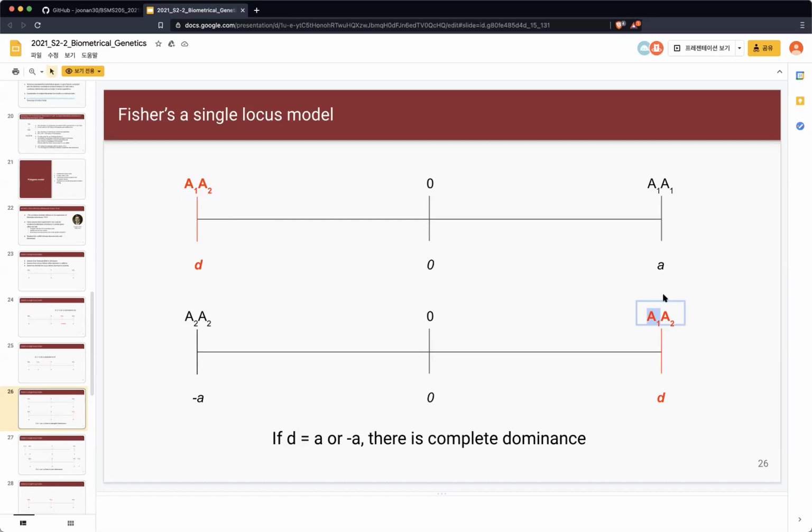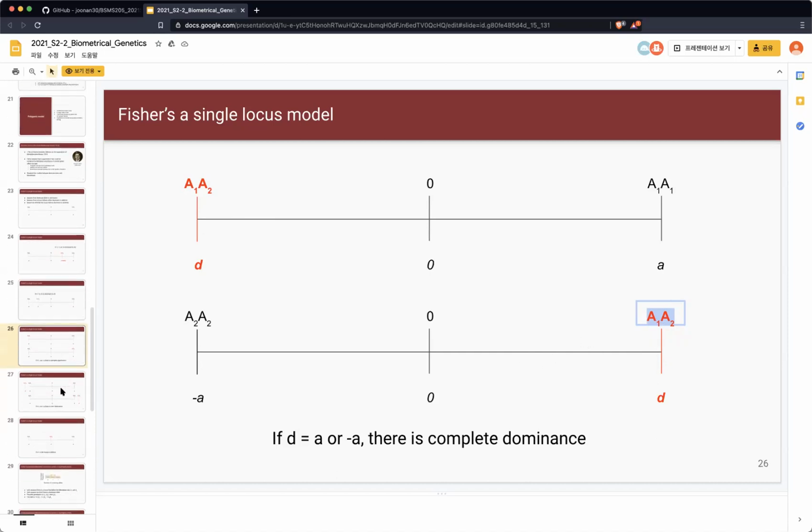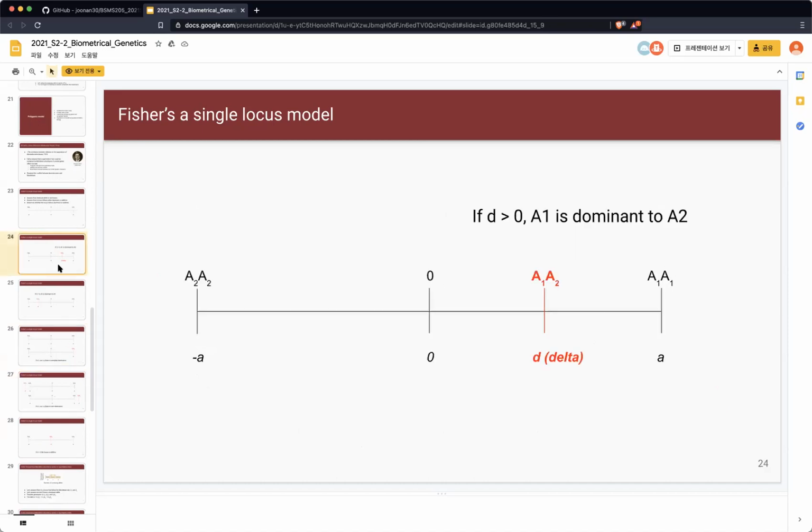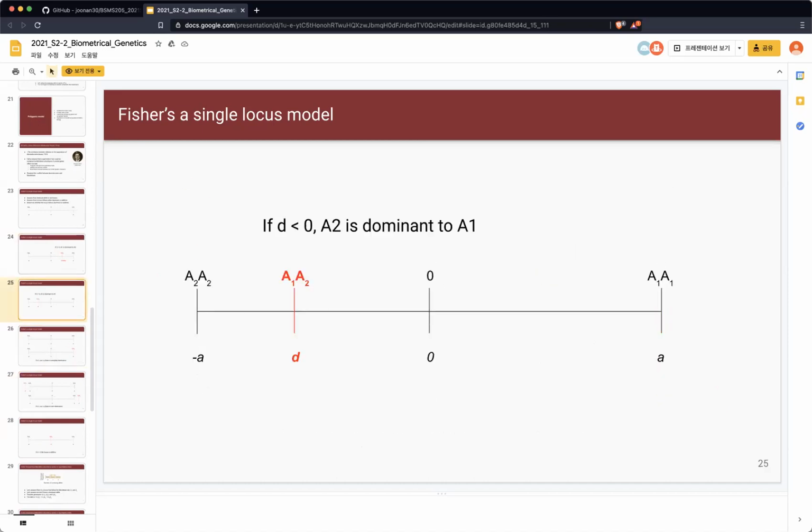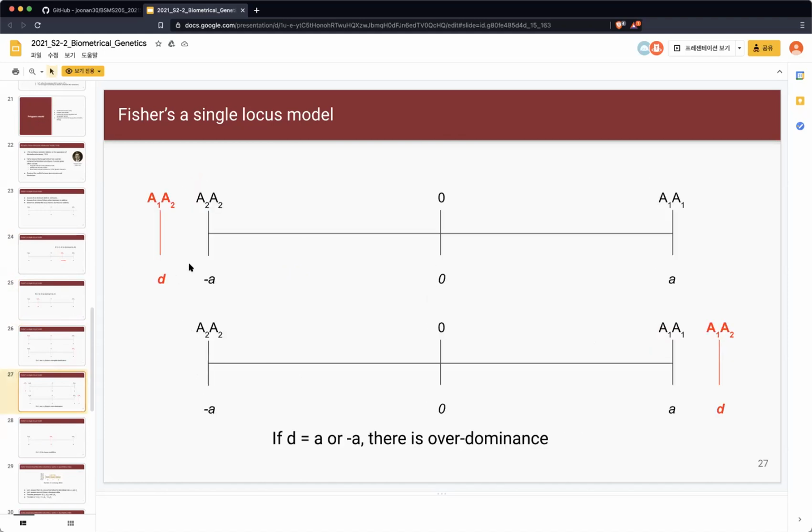In Mendelian genetics, we explain this as the heterozygote having the dominant value in F1, and that case we explain as complete dominance. But in real world biology, it does not always happen in this way, not like in the Mendelian way. Okay, so you have to know the differences between the three, right? And then the value has to be greater than a or minus a.